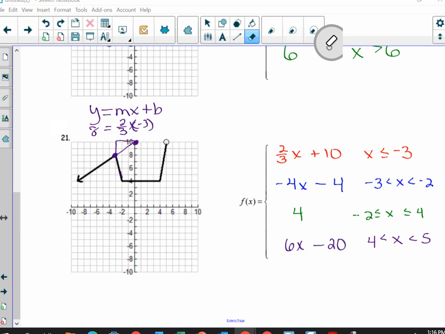I draw a line straight across. Like the line. Those are the endpoints, because x only happens between those two.